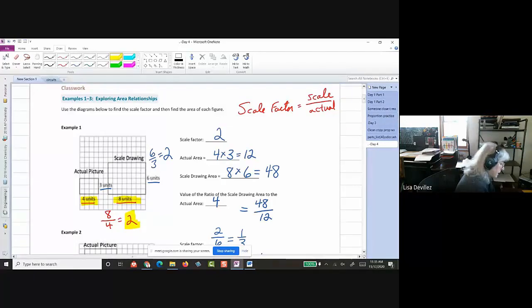And then the actual area, we're just using these units. So the actual area was 4 times 3, which is 12. And then the area of the scale drawing is going to be 6 times 8, or 48. And then it wanted us to look at the ratio of the scale over the actual area. And so the ratio of the areas is 4.